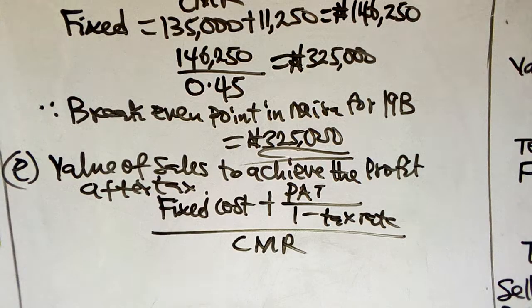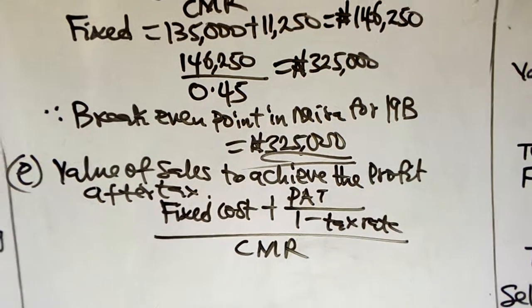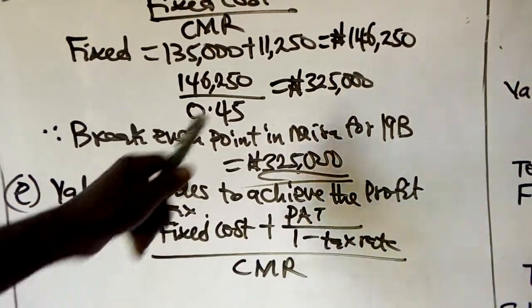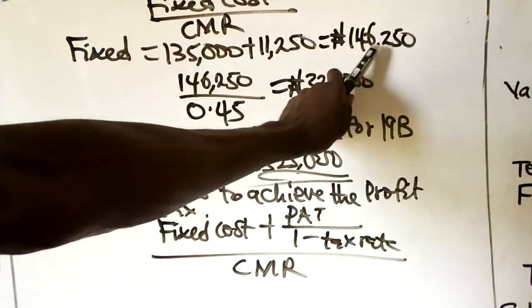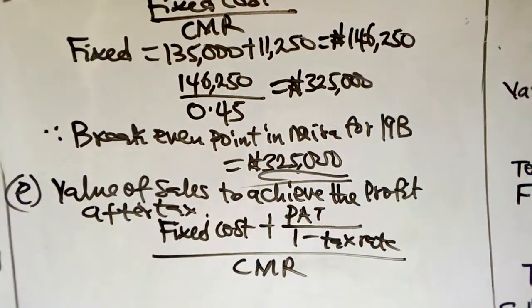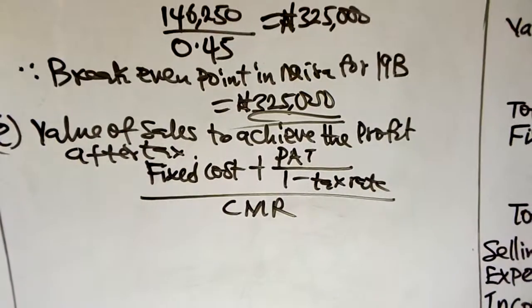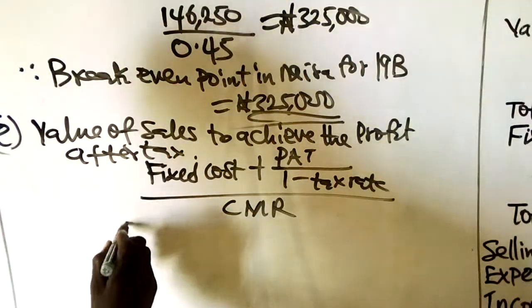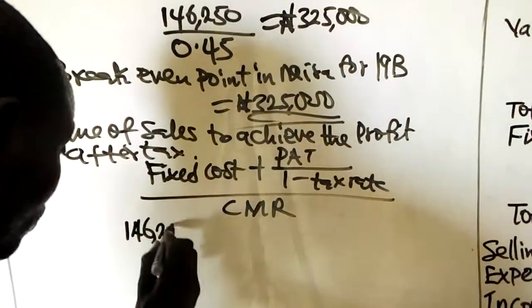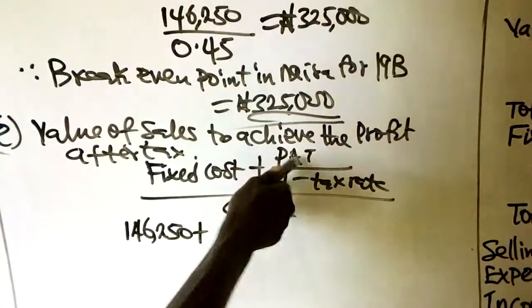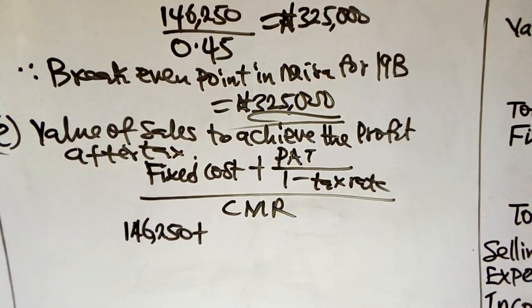If you spend additional 11,250 on advertising in 19B, the total fixed cost of 19B becomes 146,250. That is our fixed cost plus the profit after tax. When we solved requirement A, what was our profit after tax? We got 54,000.